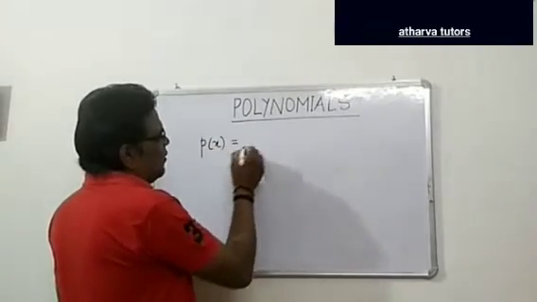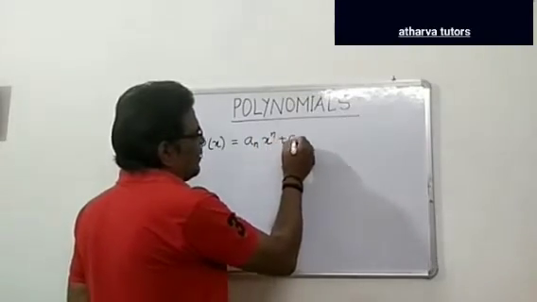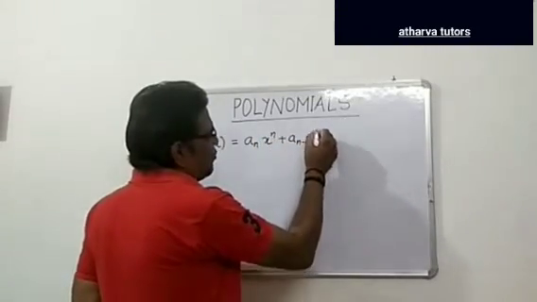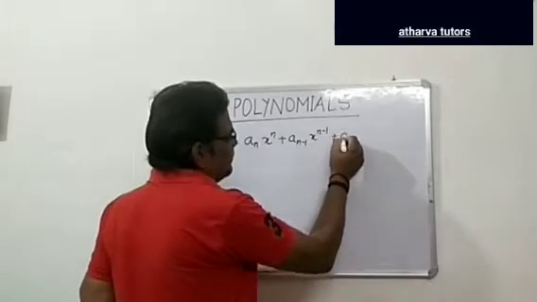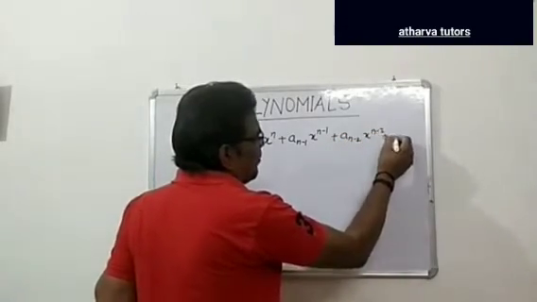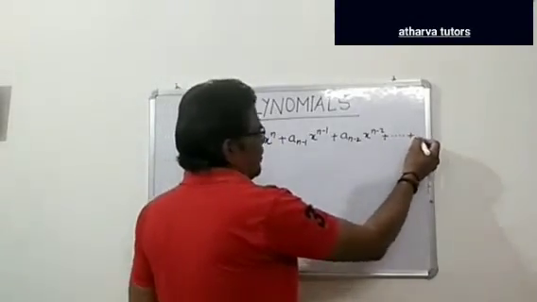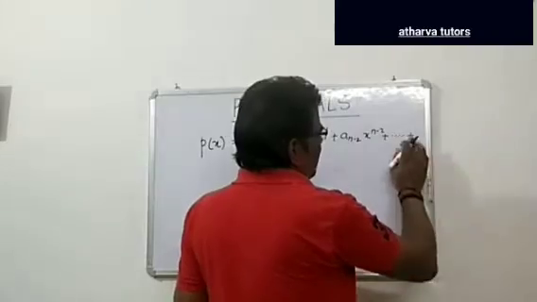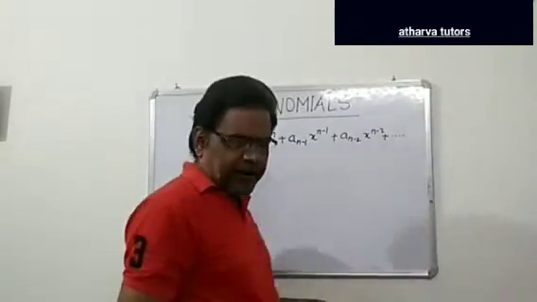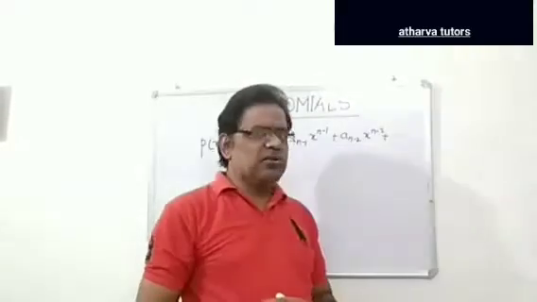x was this, it was like this, this way, and it kept on extending, and finally the last term was a constant number.